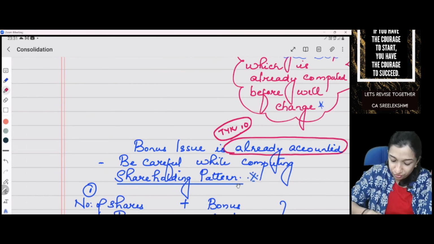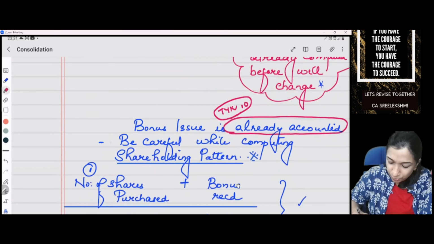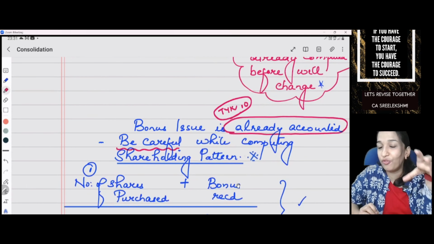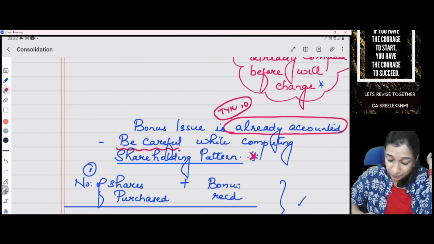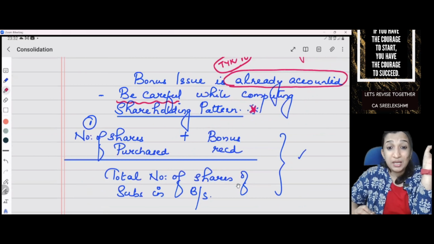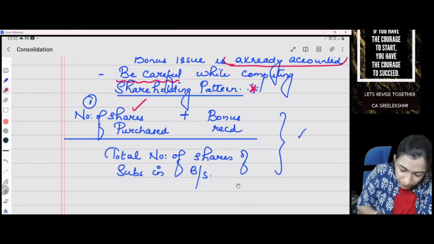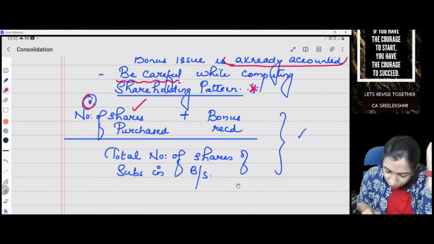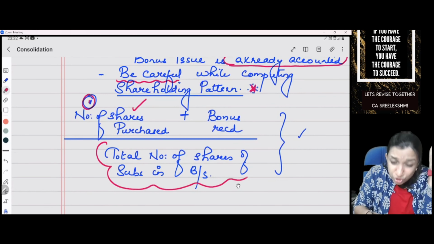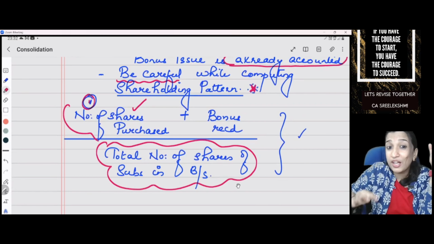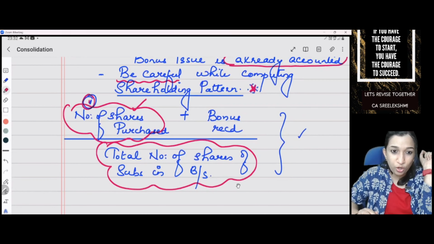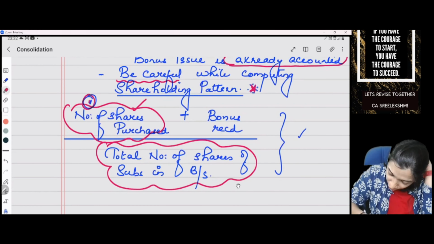Then be careful while computing the shareholding pattern. Number of shares purchased divided by number of shares in the balance sheet will not give the correct shareholding pattern, because by the end of the year you would also have received bonus shares.